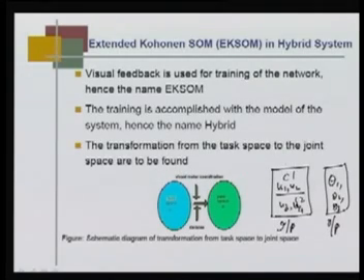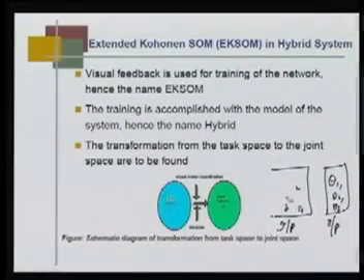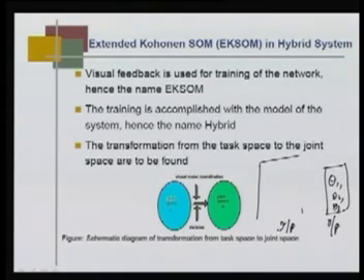So, one is that we do the clustering of the input space. What is the meaning of clustering of the input space? That I represent my input space using a finite number of representative points, which is what the Kohonen lattice does. So, in a sense what I do is that in the input space I represent some finite cells.